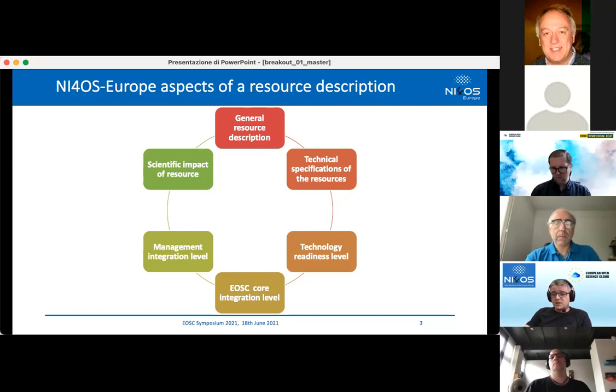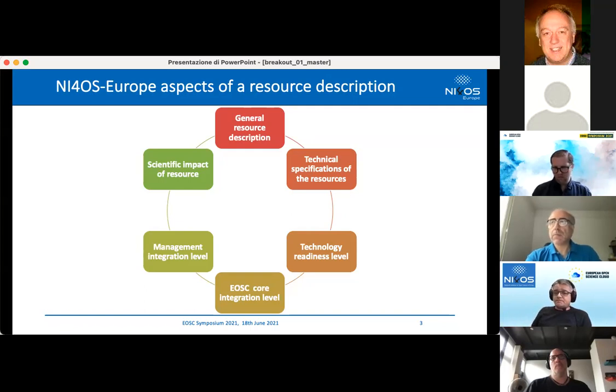All these levels we organize gradually, from 1 to 9, based mainly on integration complexity and necessity of particular integration. Also, beside these 5 more technical aspects, during the onboarding process the scientific impact of a particular resource is equally considered and assessed.